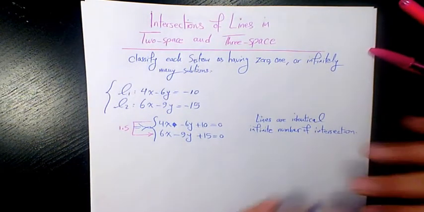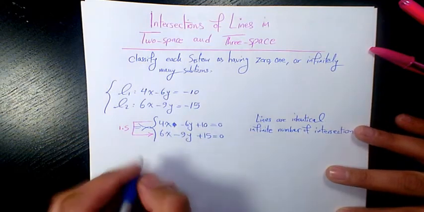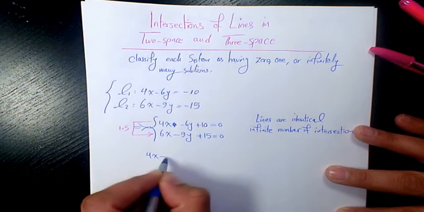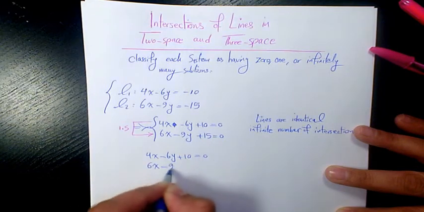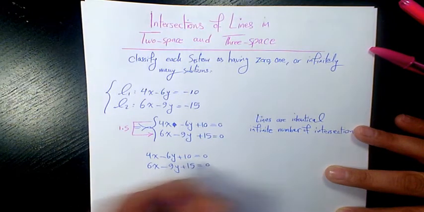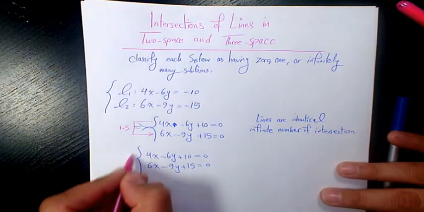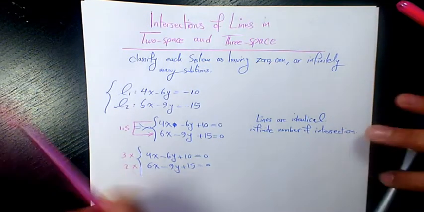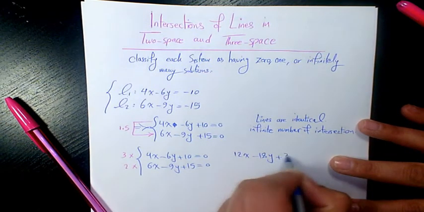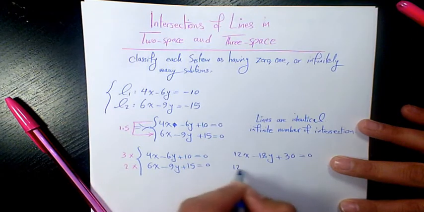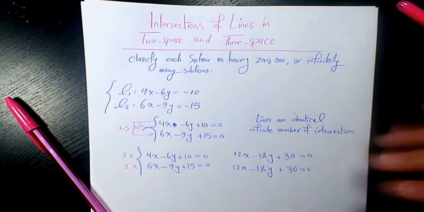Another method is substitution or elimination. Let's do elimination. We have 4x minus 6y plus 10 equals 0, and 6x minus 9y plus 15 equals 0. If I multiply the first by 3 and the second by 2, that's 12x minus 18y plus 30 equals 0, and here 12x minus 18y plus 30 equals 0.